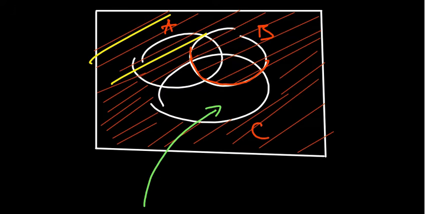So how best can we describe this region? How best can we describe the region that has been shaded? So I believe the best way I can start this is, since first of all we've shaded outside C, I can say C complement. Now if you say C complement, you're only shading the region outside what?